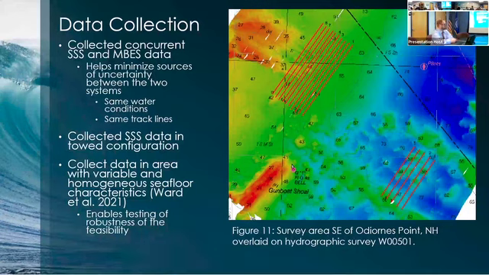So how I planned my lines in the northwest section here is I ran those lines at 200% coverage, which basically means that we're insonifying that area of the seafloor twice with the Sidescan sonar.